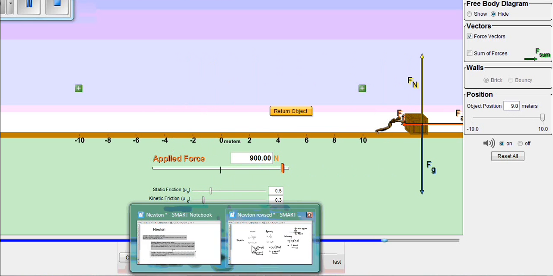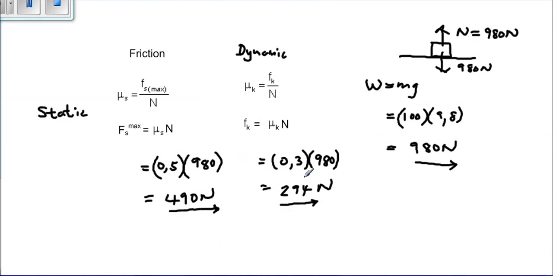So I will stop there today. I've discussed friction, and we see that we have a difference between static friction and dynamic friction. When an object is standing still, we have to overcome the static friction, which in our case was 490. The moment we went greater than 490, the object starts accelerating.